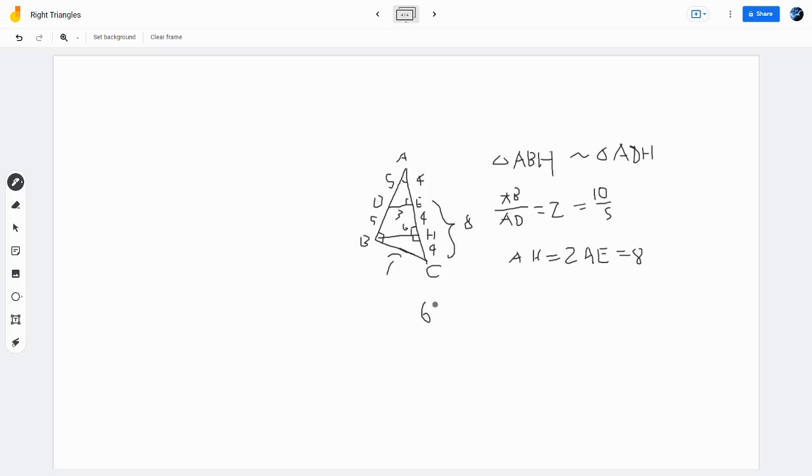So 6 squared plus 4 squared is equal to 36 plus 16, which is equal to 52. And so the answer to this problem is just going to be square root of 52. And of course, we can evaluate this a little further. I think this turns out to be 2 square root 13, and that's our answer.